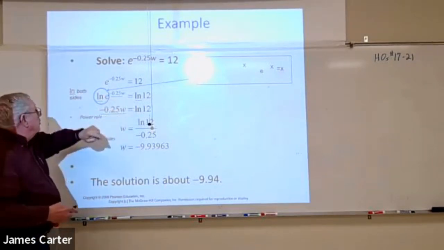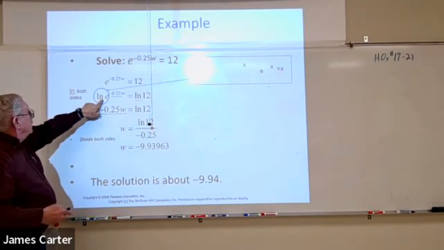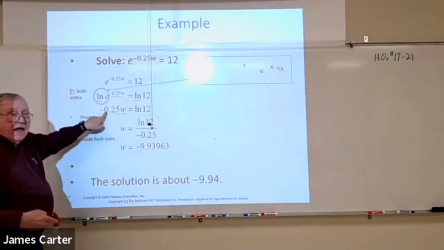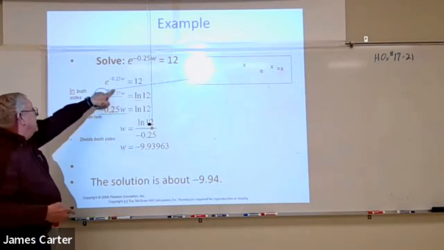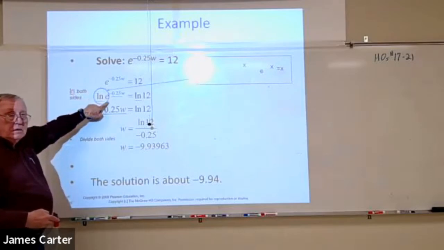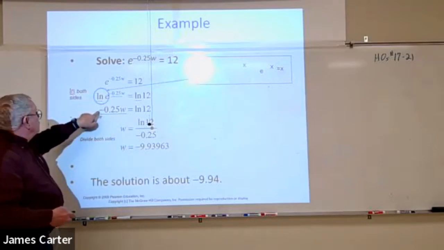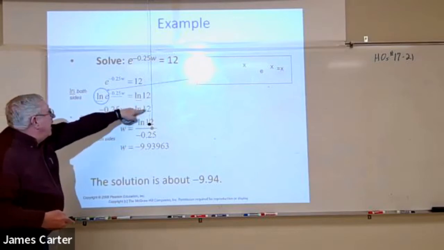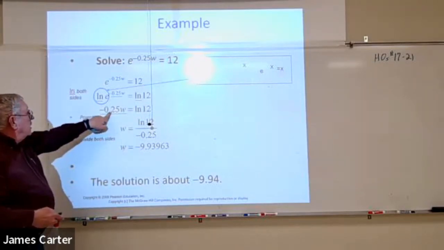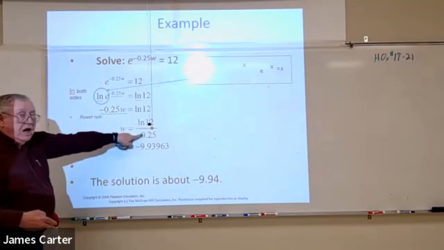First, we took natural log both sides, then natural log of E or log base E of E is 1, only leaving that. Now, technically, we rolled it out front before we changed this to 1. Okay? So we got this equals that. Now we just divide both sides by negative 0.25.